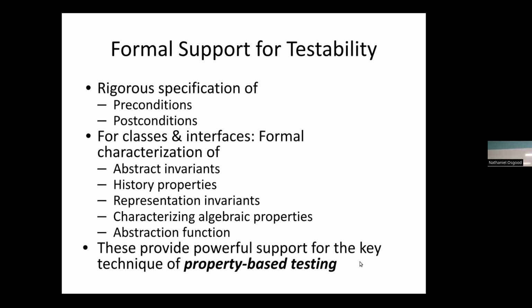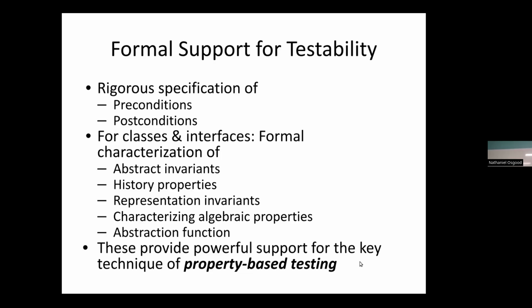Okay, in this course, we're going to have quite an emphasis over the next month or so on formal methods to enhance testability. This will include rigorous specifications of preconditions, postconditions, and, for classes and interfaces, these higher level abstractions that include multiple functions or methods, testing things like invariants, particularly abstract invariants, as well as representation invariants, history properties, characterizing properties of the system.